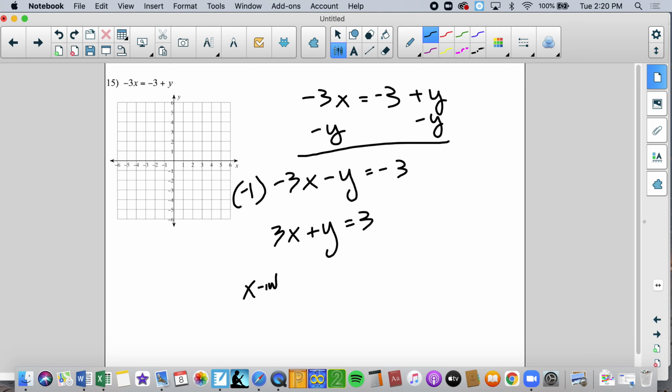My x-intercept equals 1, and my y-intercept equals 3. That's how fast and easy we can graph that from this equation. That's really beneficial. Therein lies one of the most efficient methods. My y-intercept is 3, my x-intercept is 1. So 0, 3, and 1, 0. Those are my two points that I should have for my equation.